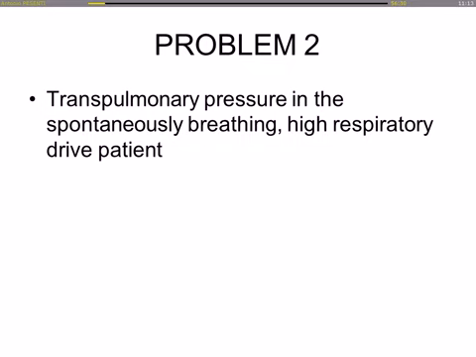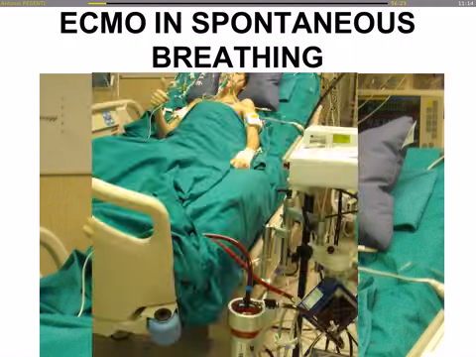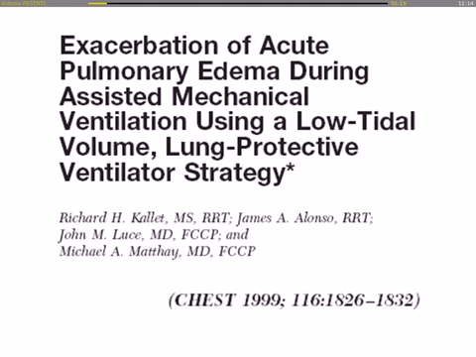Now, in the high respiratory drive patient, transpulmonary pressure might become very high because of the muscle effort of the patient. When the NIH, when the US government sponsored the low tidal volume versus high tidal volume study, a few investigators noted a strange side effect.